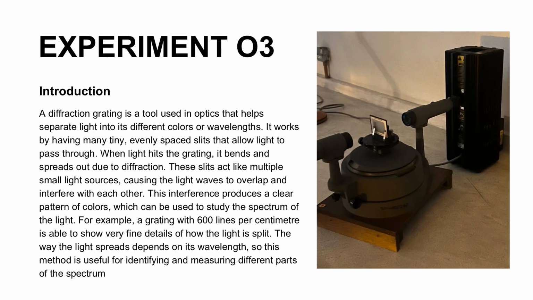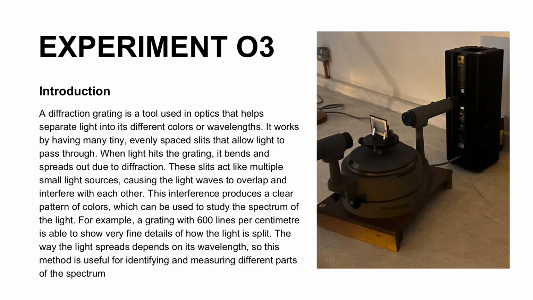Last but not least, the final experiment that I did is experiment O3, which is the diffraction grating. A diffraction grating is a tool used in optics that helps separate light into its different colors or wavelengths. It works by having many tiny, evenly spaced slits that allow light to pass through.